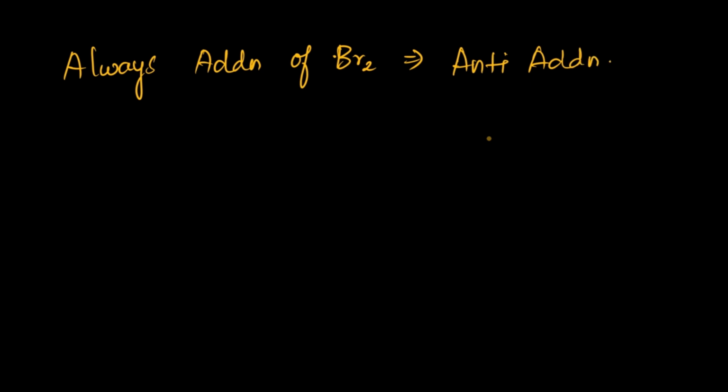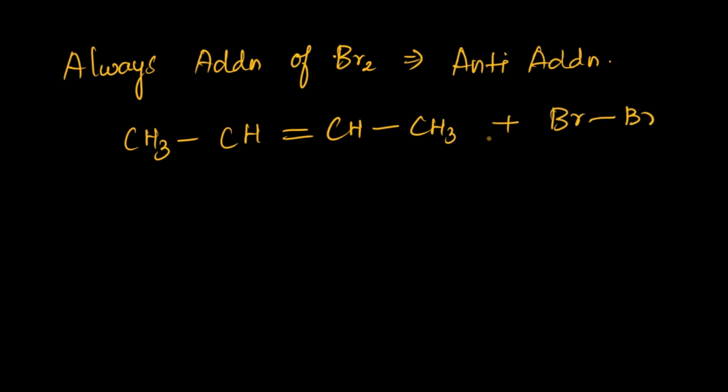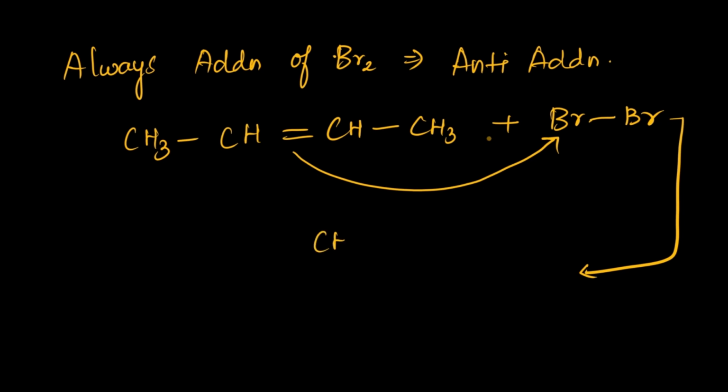Anti-addition? Let me explain. If I am having a molecule like this, and I am adding Br2, what will happen? It will take up one of those bromines to form an intermediate, a bromonium ion intermediate, which looks like this.